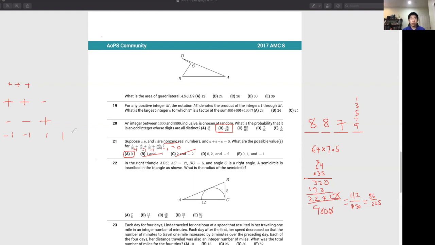Okay, on to problem 22. In the right triangle ABC, AC equals 12, BC equals 5, and C is a right angle. A semicircle is inscribed in the triangle as shown, and we want the radius of the semicircle.